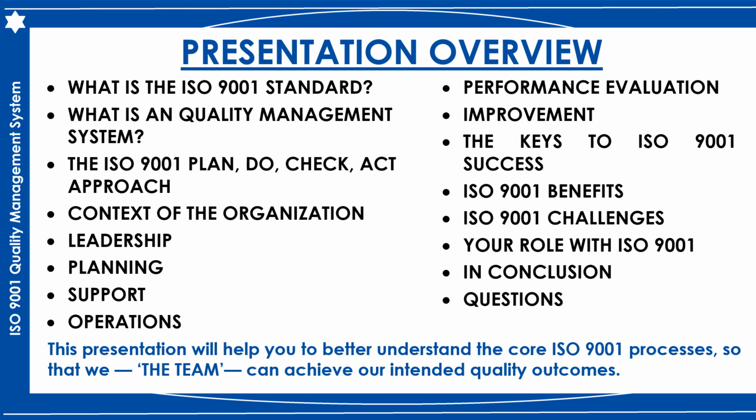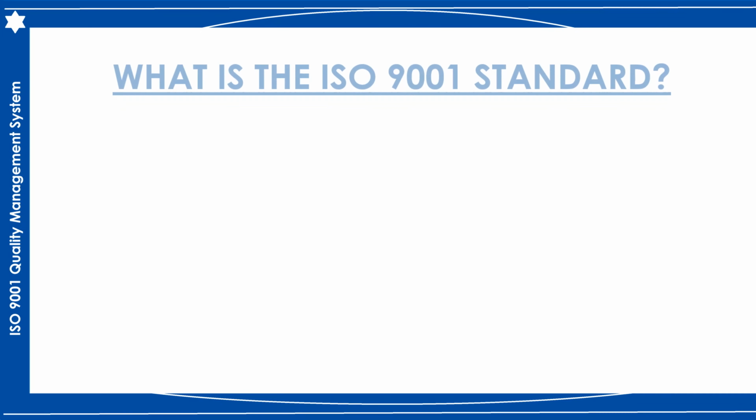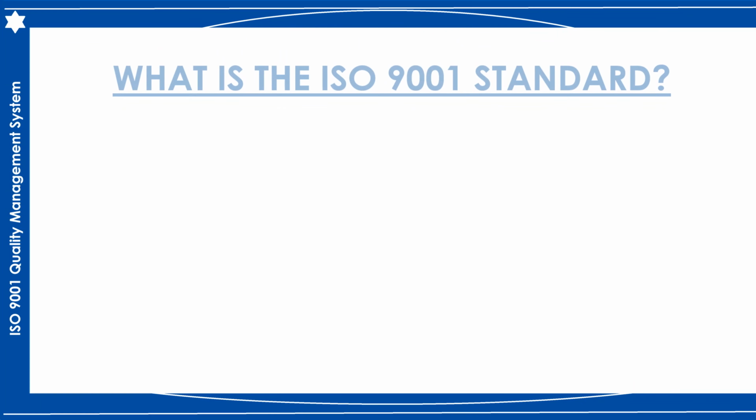On the other side, performance evaluation, improvement, the keys to ISO 9001 success, ISO 9001 benefits, ISO 9001 challenges, your role with ISO 9001, in conclusion and questions. This presentation will help you to better understand the core ISO 9001 processes so that the team can achieve our intended quality outcomes.